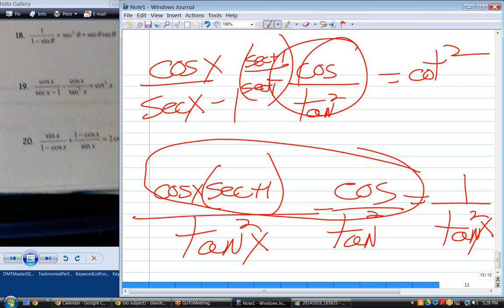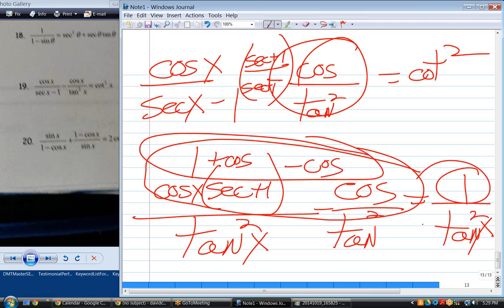What's cosine times secant? What's secant? It's 1 over cosine. So cosine times secant is 1. So this becomes 1 plus cosine minus cosine. That becomes 1. Our denominator is already tangent squared.